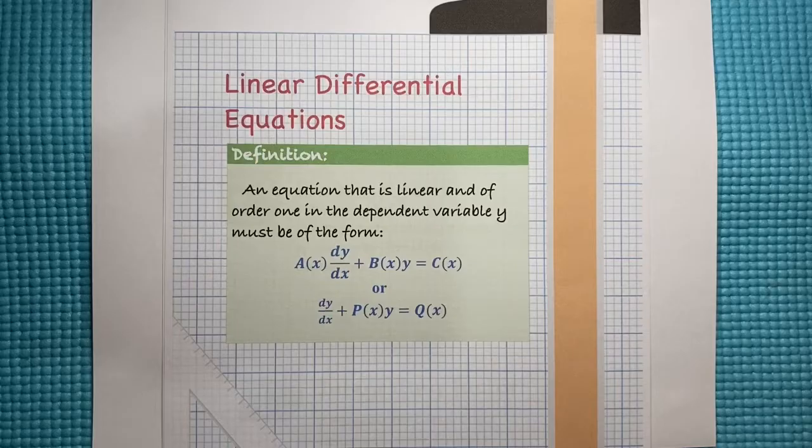The standard form for a linear differential equation would be dy over dx plus p of x multiplied with y, equal to q of x. As long as we can see a linear variable on our given equation, either a y or an x, it could be solved using the method for linear differential equations.